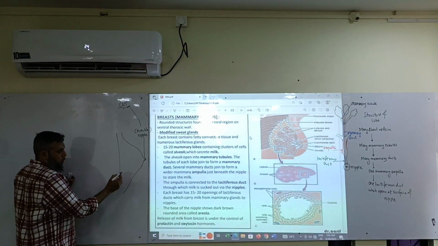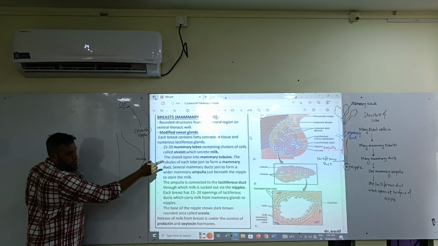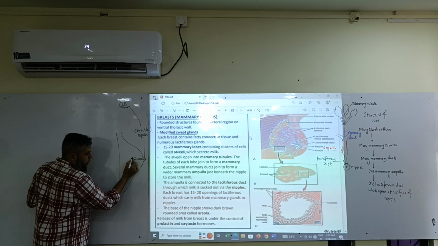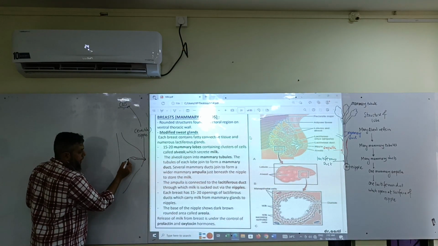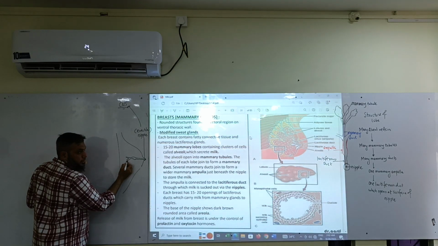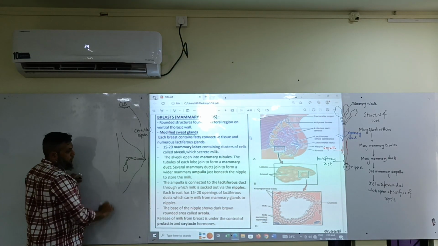And what will open over there? Lactiferous duct. The solar part will be called ampulla, followed by many mammary ducts, and many mammary tubules which will be opened into an alveolus.